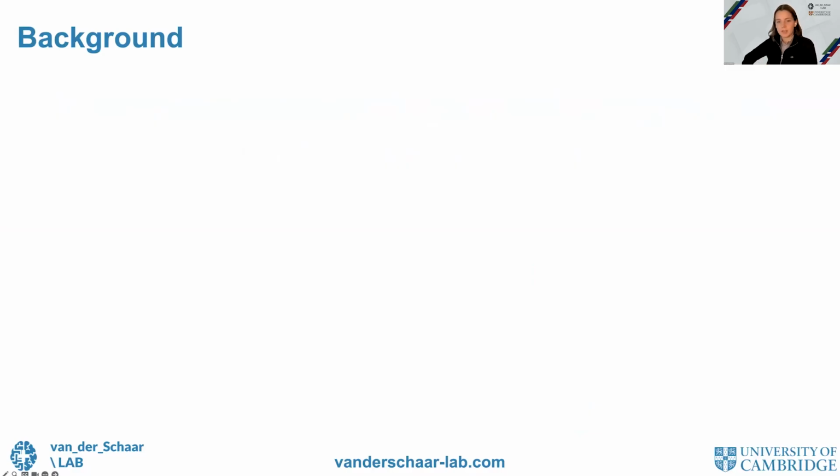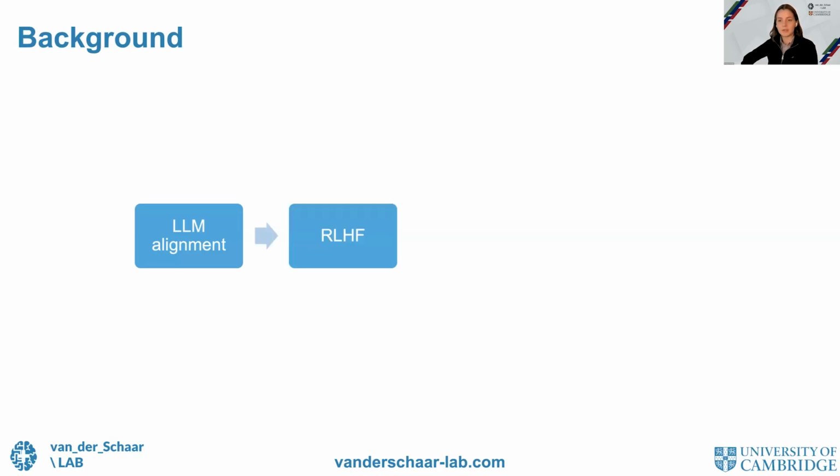So in this project, we consider the problem of LLM alignment, which is a part of LLM training process, which ensures that the model's outputs are safe, reliable, and generally aligned with human values. The most common approach for aligning LLMs is the so-called RLHF, that is reinforcement learning from human feedback.